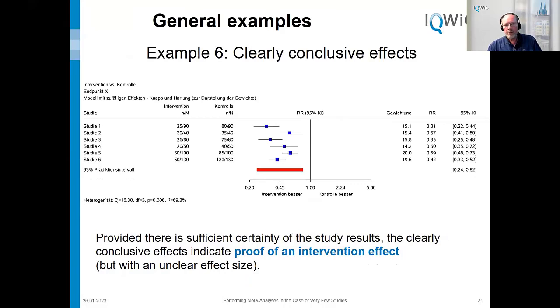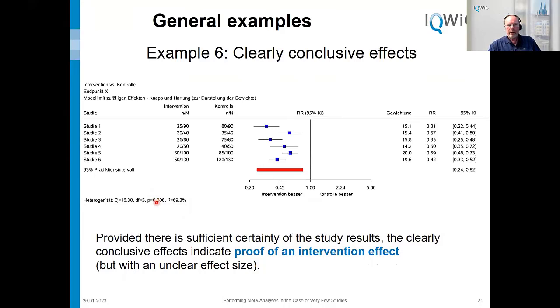So how do we use the concept of conclusive effects? Here we have very large heterogeneity, an I-square of about 70%, and a clearly significant Q-test.